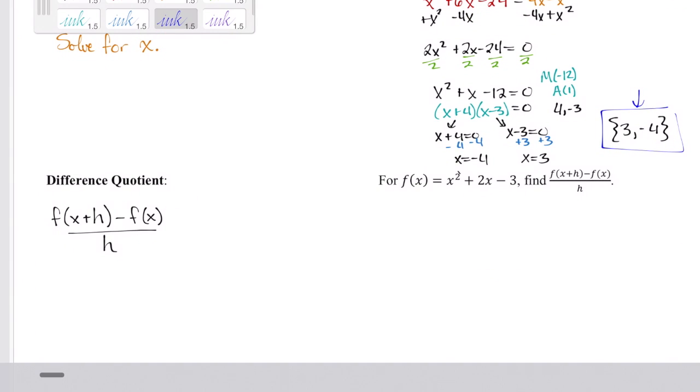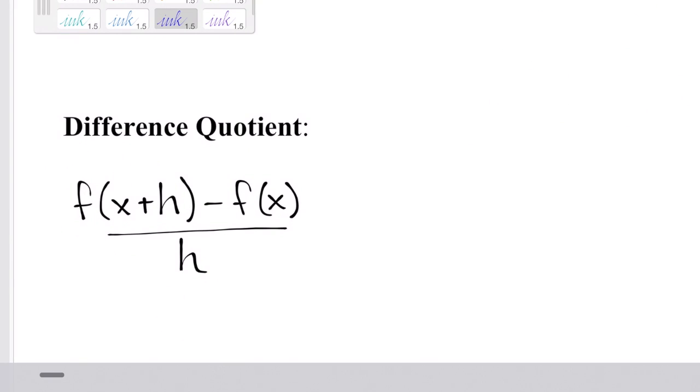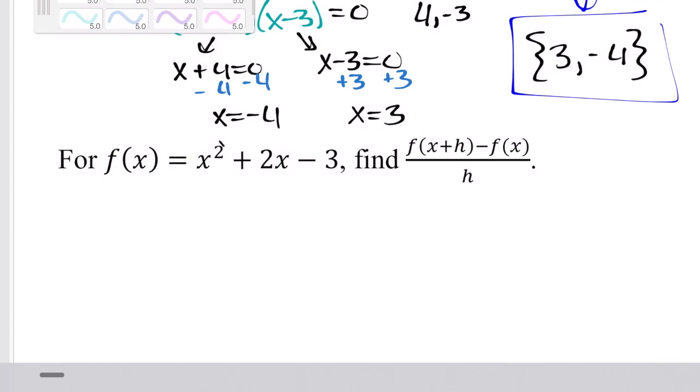And the last thing I'm going to look at with you guys is the difference quotient. This is something that's used with calculus, so we're just going to touch on the algebra part of it and what it looks like when it's solved. It's not the most satisfying of equations, if I'm being honest. Here they tell me what the f of x is, and what they want me to do is put an x plus h inside of the first x value, and then subtract the equation itself without anything changed.